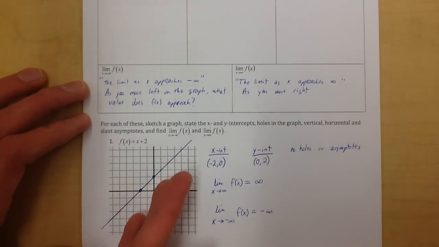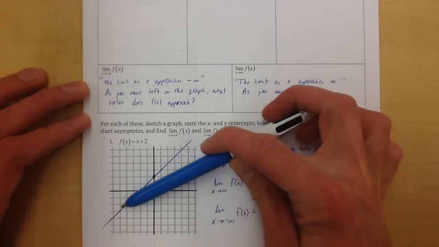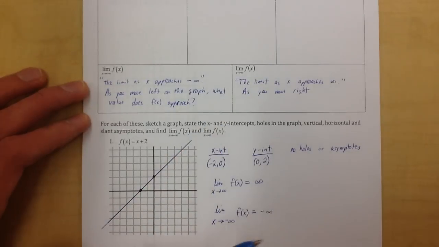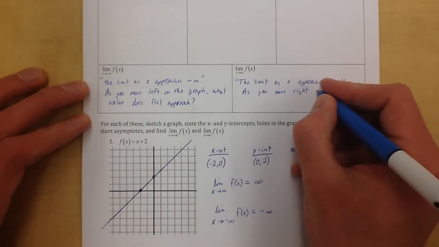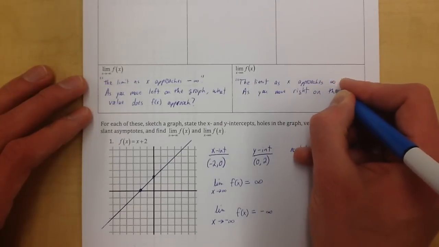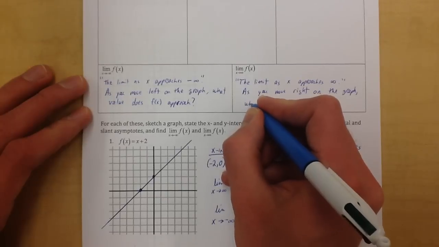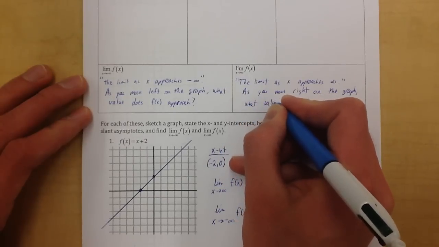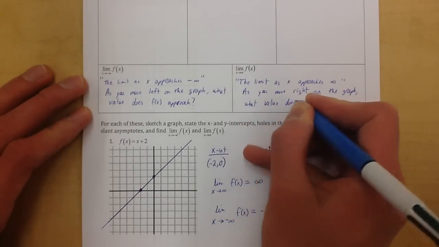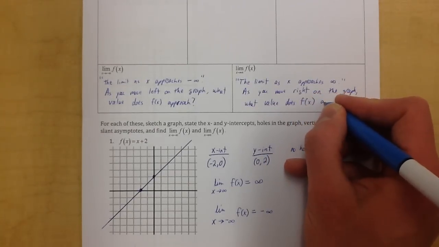It's how my graph behaves at the ends. The end behavior in this case is negative, positive. It's kind of a similar idea with that. As you move right on the graph, what value does f of x approach?